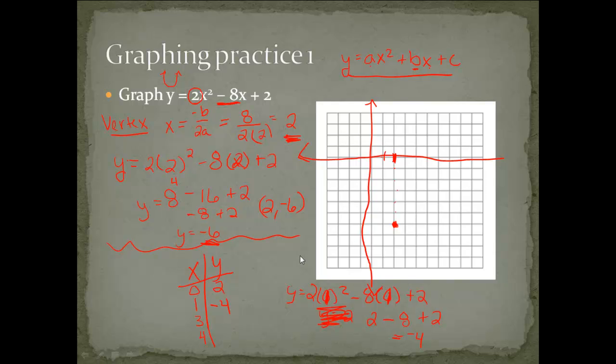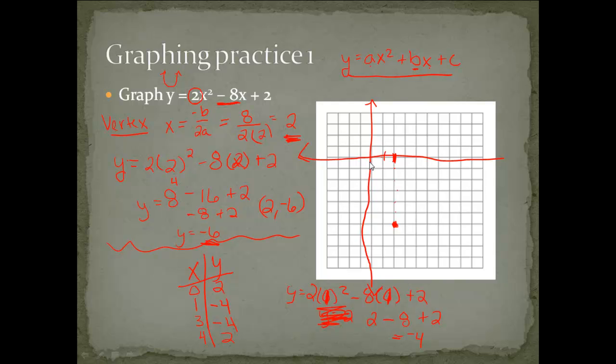You can go ahead and do those same things for the 3 and the 4. When you plug both of those values in, hopefully you got negative 4 when you plug the 3 in, and hopefully you got a 2 when you plug the 4 in.